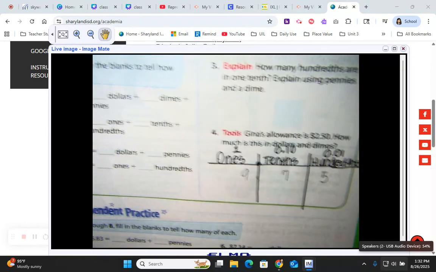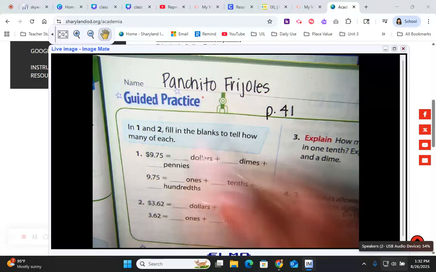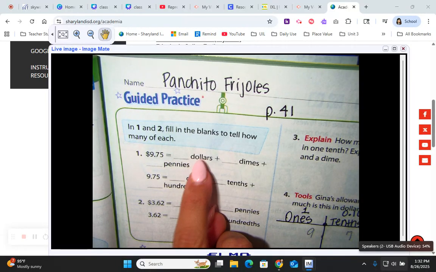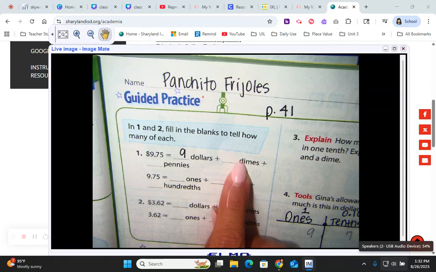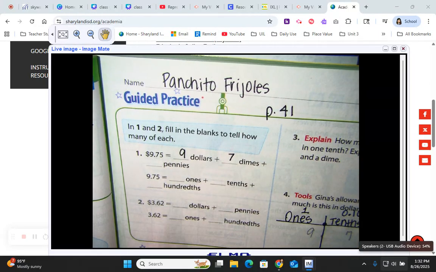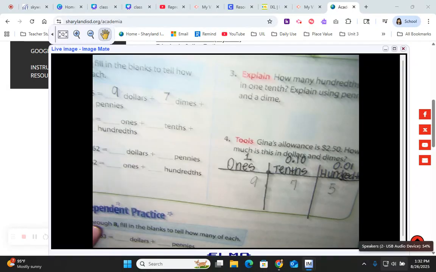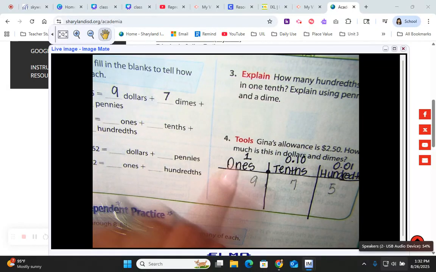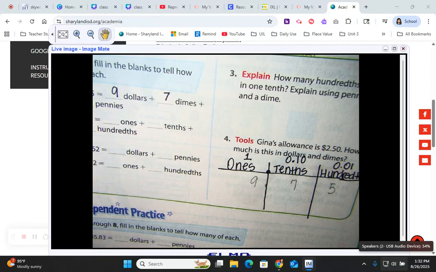How many whole numbers, which are my dollars, do I have? 9. How many dimes? 7. How many pennies? 5. This is the same thing as saying 9 ones, 7 tenths, and 5 hundredths.